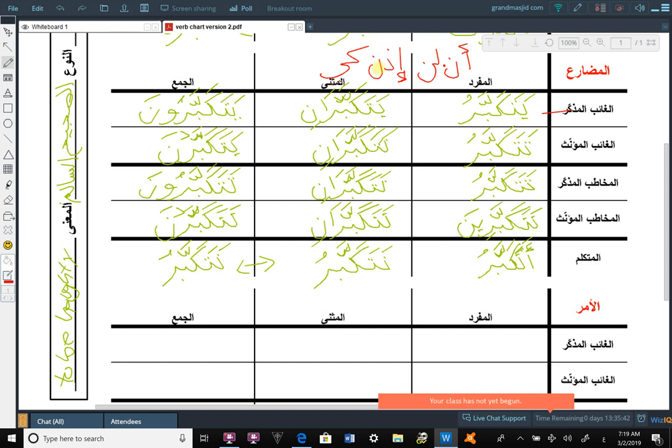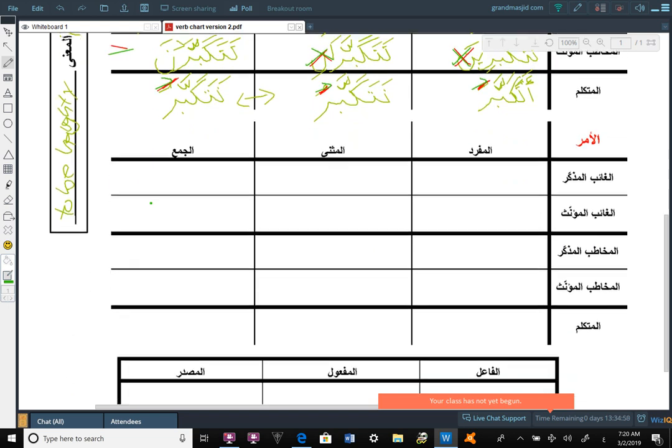But when we add one of these, an, lan, idhin, or kay, then it's going to become mansub with a fatha, or mansub bi hadhf an-noon. These two are considered mabni, meaning they never change. If we add lam or la an-nahiya in front of them, then they become majzoom with dammas, or majzoom bi hadhf an-noon. Except these two, which are always mabni.